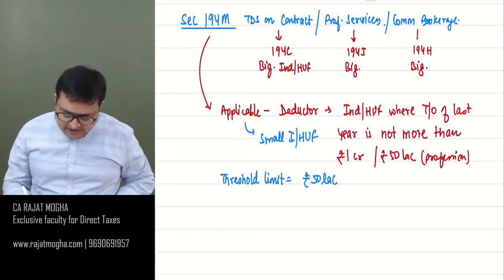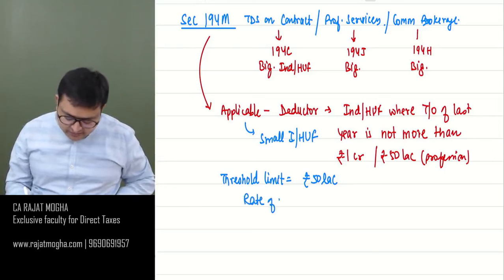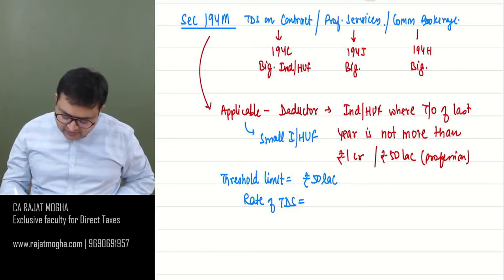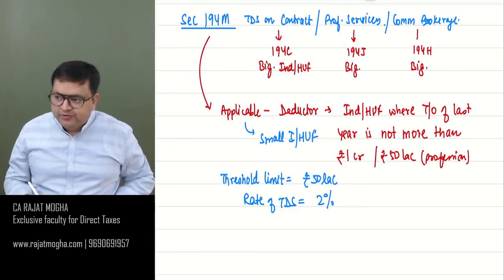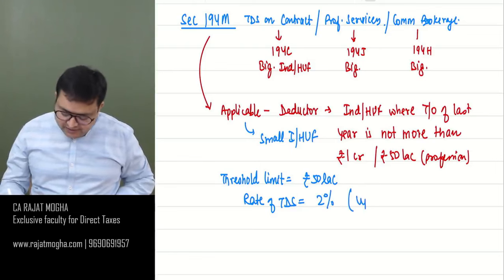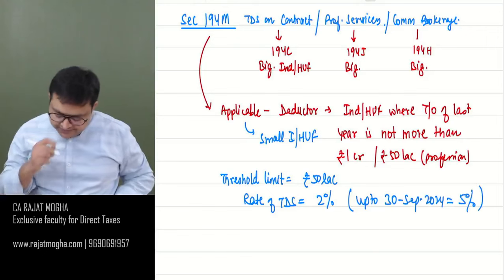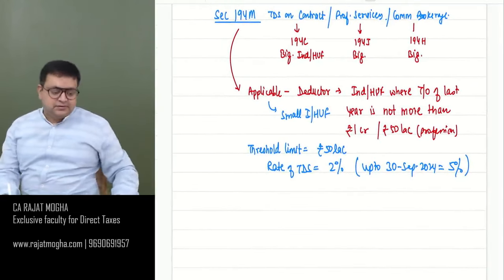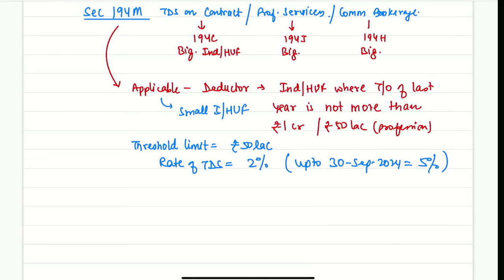Threshold limit is 50 lakh. Rate of TDS. Rate of TDS is again 2%, but up till 30th September 24, it was 5%. It was 5%. Example.